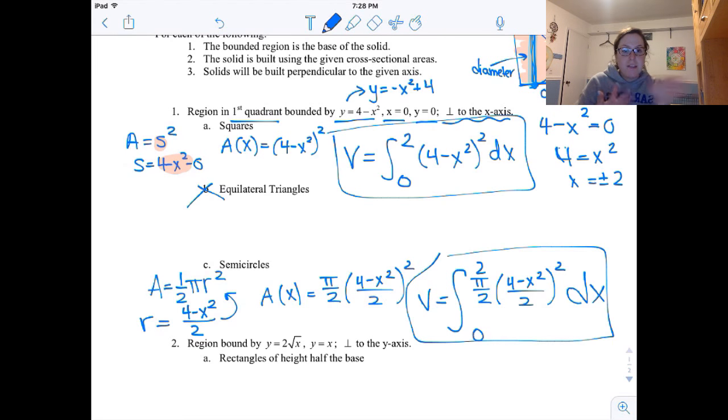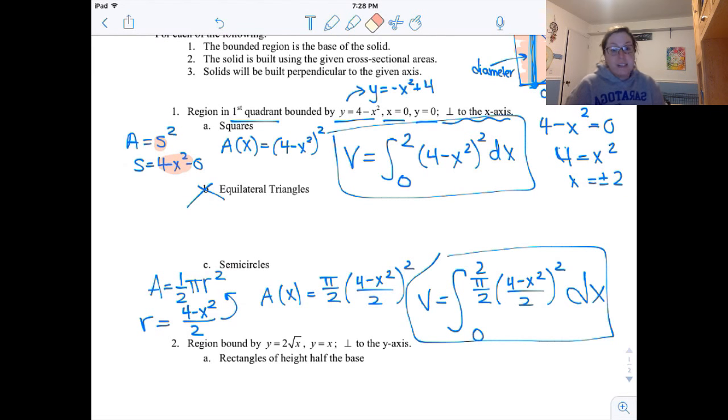Somebody asked on the live stream chat whether there is going to be an equilateral triangle, or whether we have to do this with triangles. I would say it's safe to assume that it might be an isosceles right triangle, where your base and height would be the same. That's a pretty safe bet and could show up.